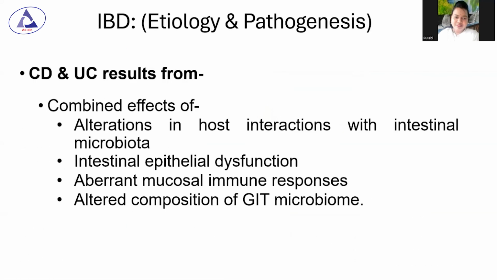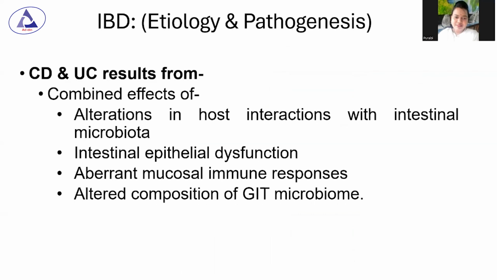Now, Crohn's disease and ulcerative colitis result from the combined effect of alteration in host interaction with intestinal microbiota, intestinal epithelial dysfunction, aberrant mucosal immune responses, and altered composition of GIT microbiomes.